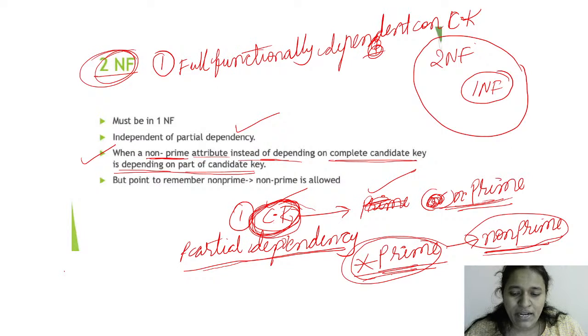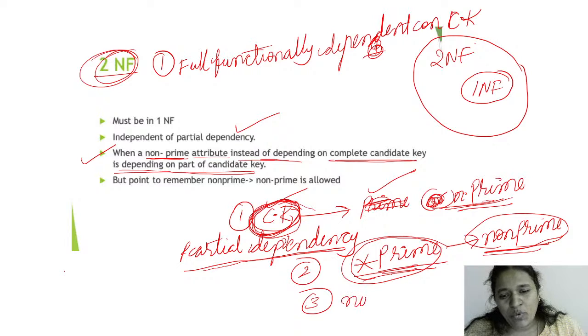This partial dependency is not allowed in 2NF. This is the second rule you have to remember. Next, the third one: non-prime to non-prime is allowed in second normal form. There is no problem. Prime to non-prime is not allowed, but non-prime to non-prime is allowed in second normal form.